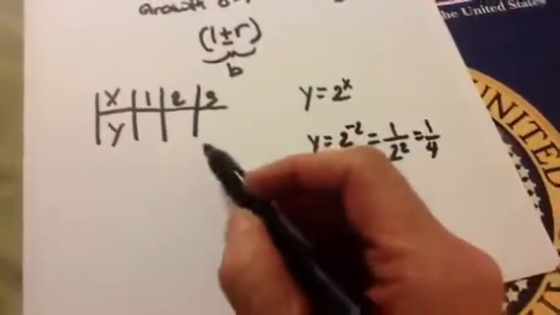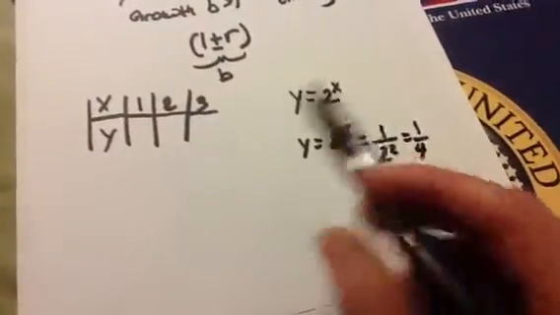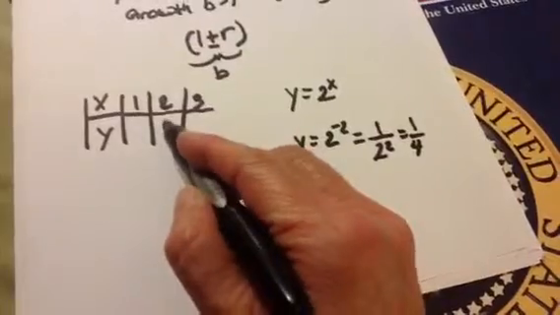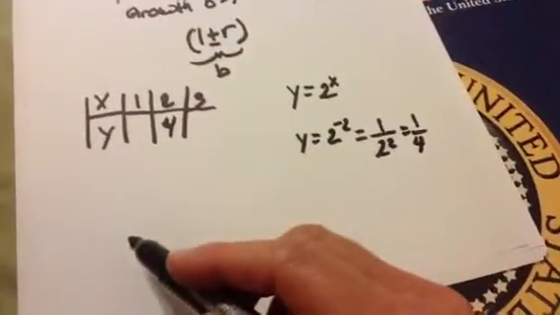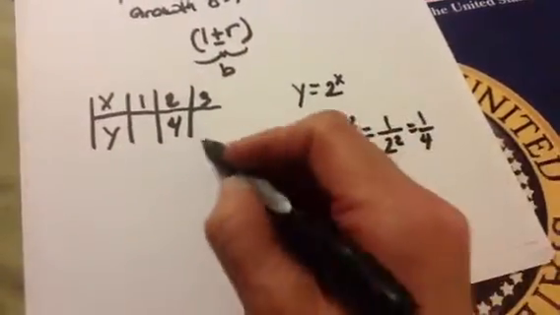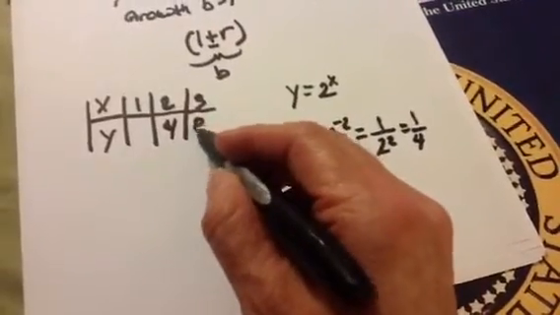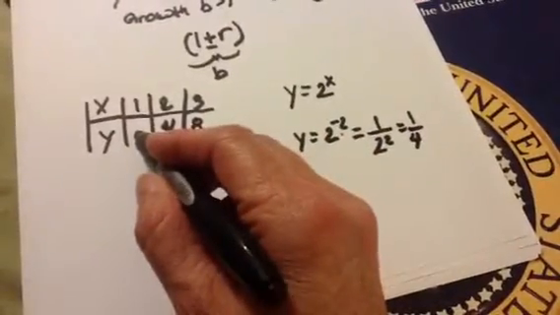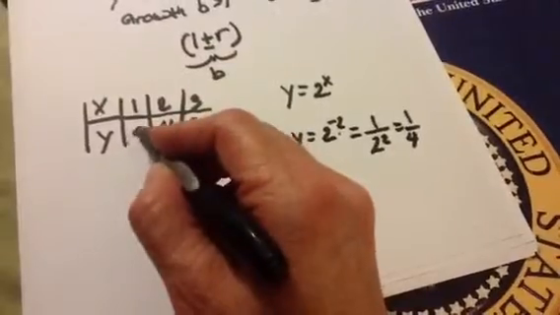Whereas if I put a value in of positive 2, 2 to the second power is 4. Much bigger output. 2 to the third power is 8. 2 to the first power is 2.